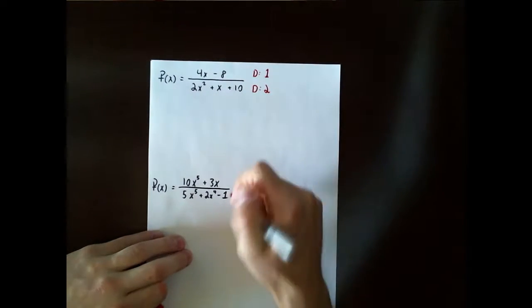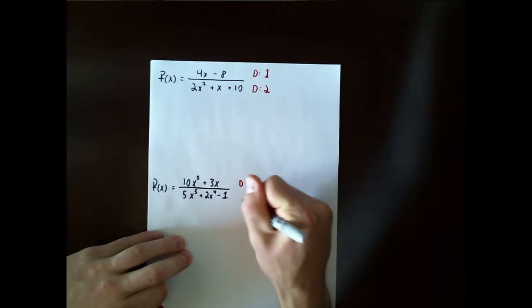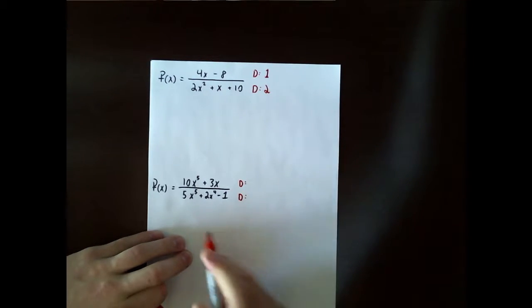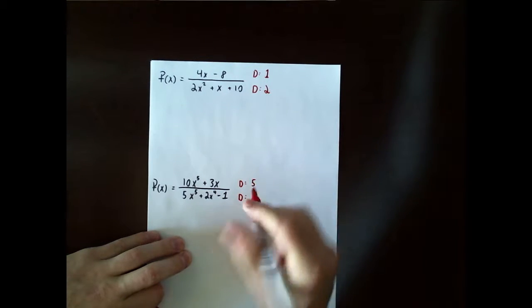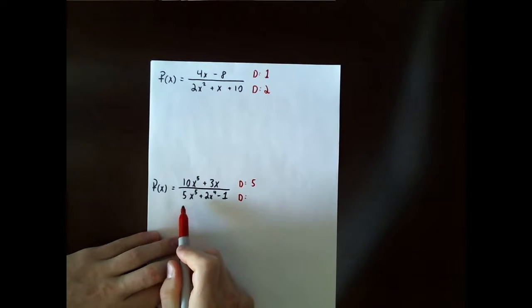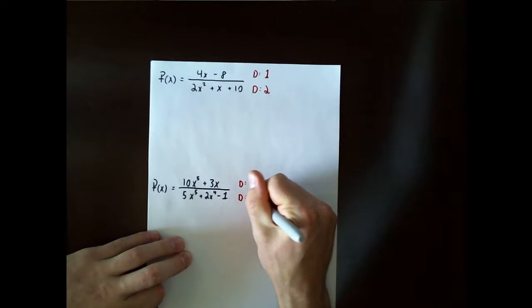I'm going to do that for this next one here. The highest power of x I have on my numerator is 5, so that's the degree of my numerator. The degree of my denominator is also 5. And I have a third example here.